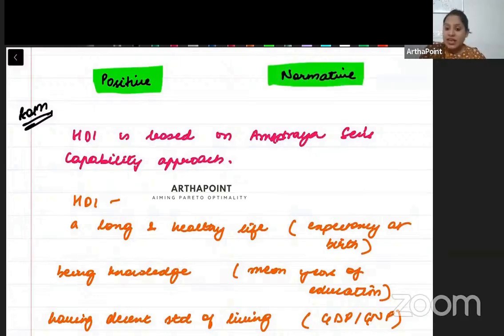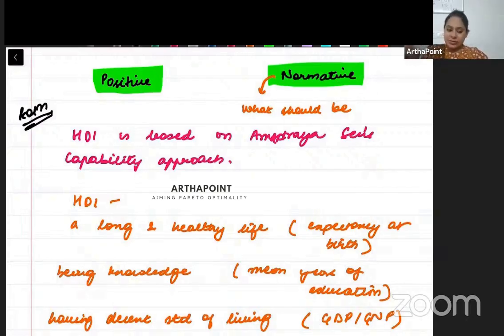So normative economics is what should be. And Amartya Sen's capability approach is normative economics. It tells what basic freedoms any human being should have. What are the basic freedoms that human beings should have?